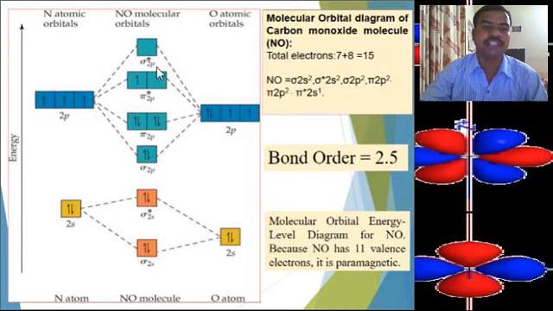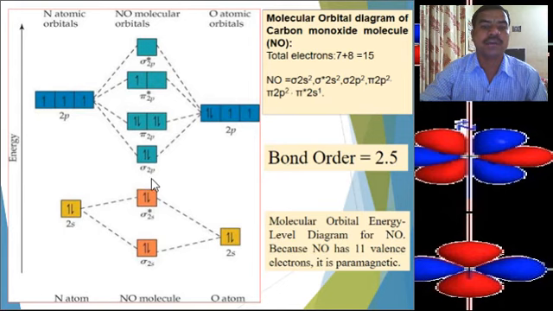These are the energies, and here the 2s and 2s orbitals, and here the 2p orbitals, and the distribution of the electrons in the bonding and antibonding molecular orbitals. In the 2s orbital, the sigma 2s has 2 electrons, and here sigma star 2s, the antibonding molecular orbital, has 2 electrons. These orbitals are filled.